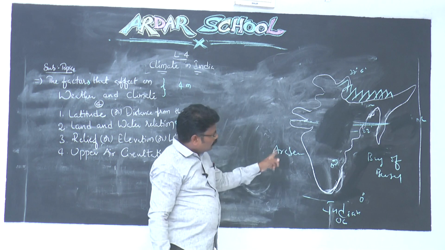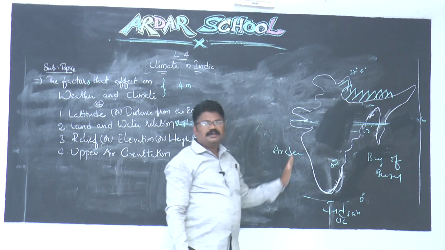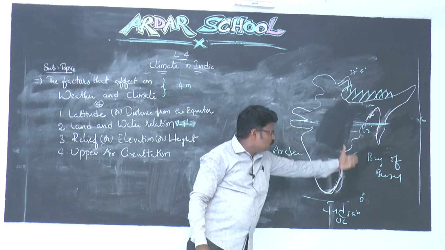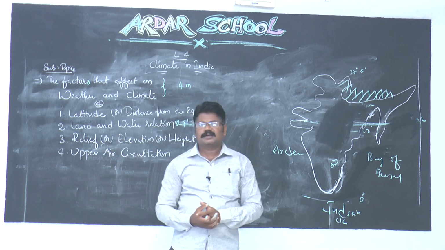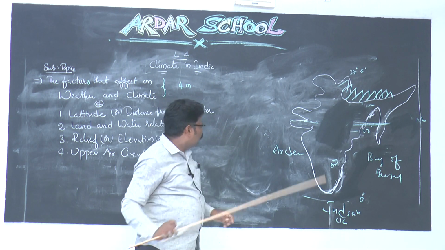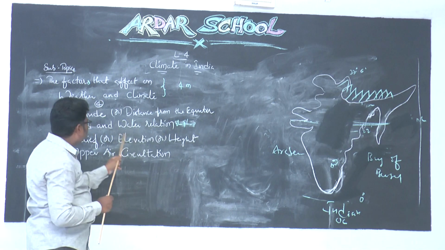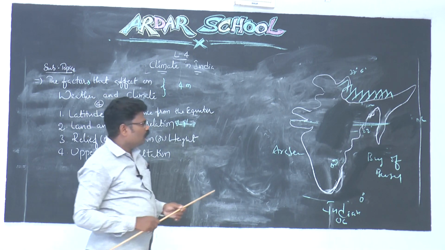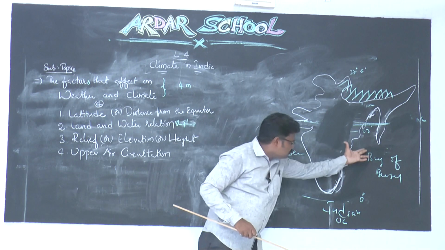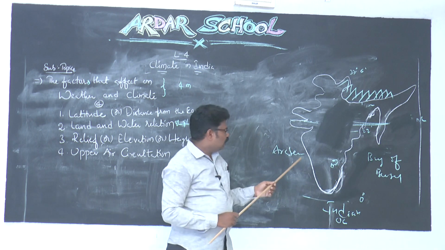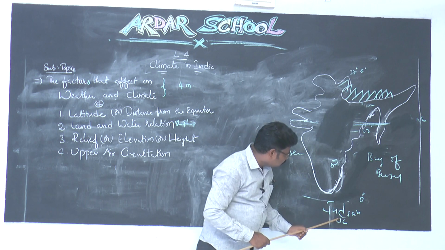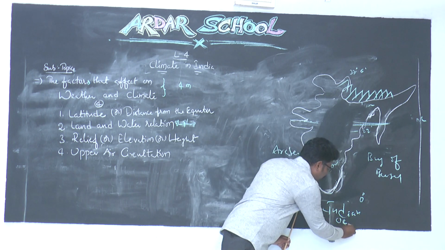If you observe the map, we can easily understand there is water on three sides and land on one side. So this kind of landmass is an example of a peninsula. Now come to the point, land and water relationship. Here, three sides water: on the east side the Bay of Bengal, on the west side the Arabian Sea, and in the southern part the Indian Ocean.